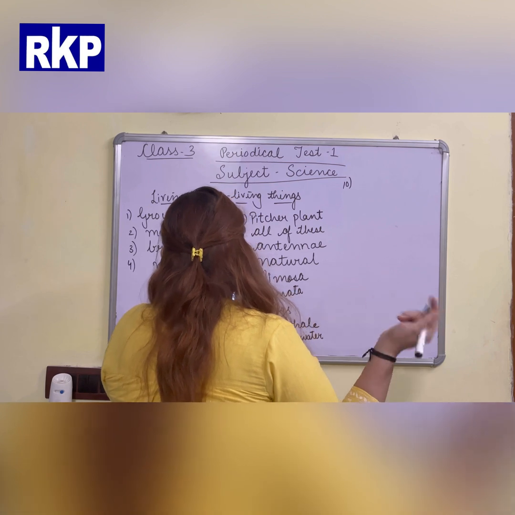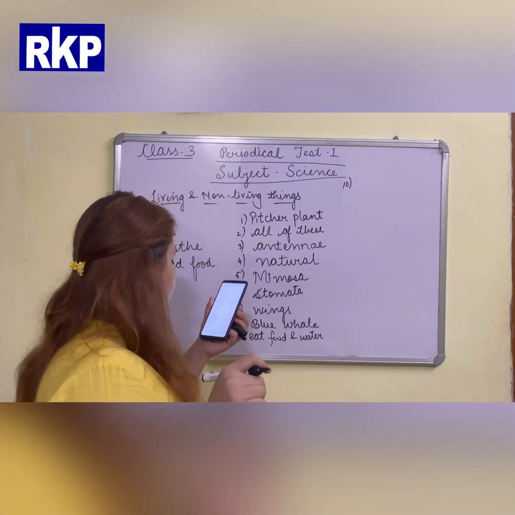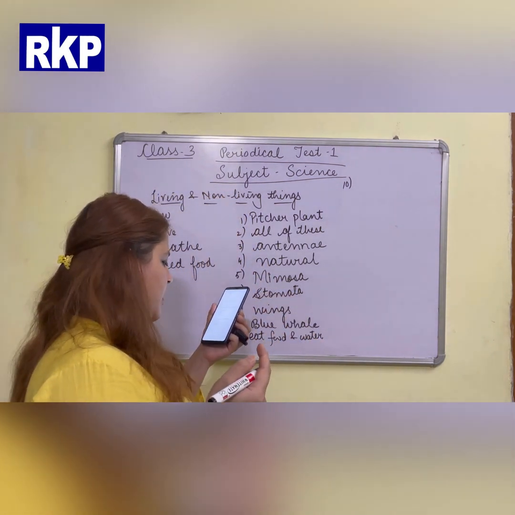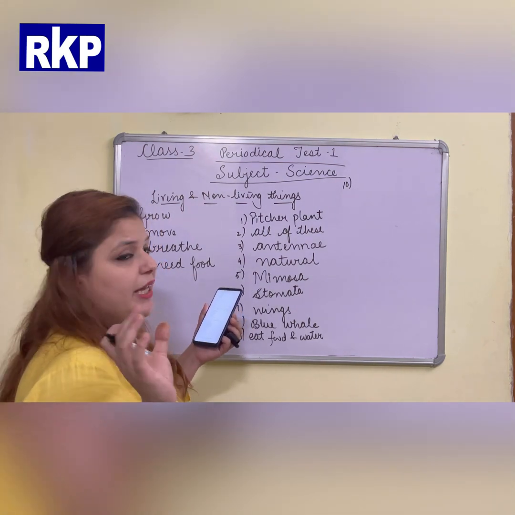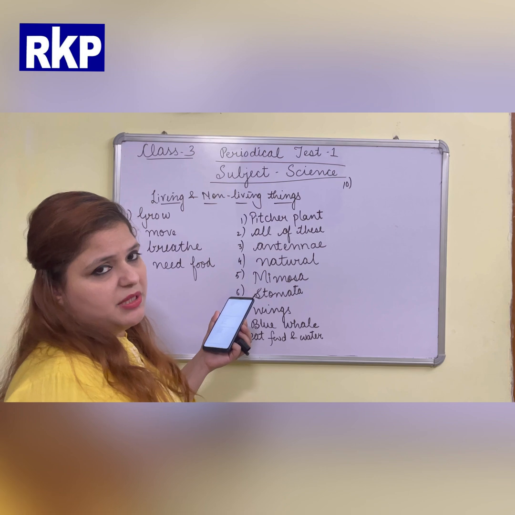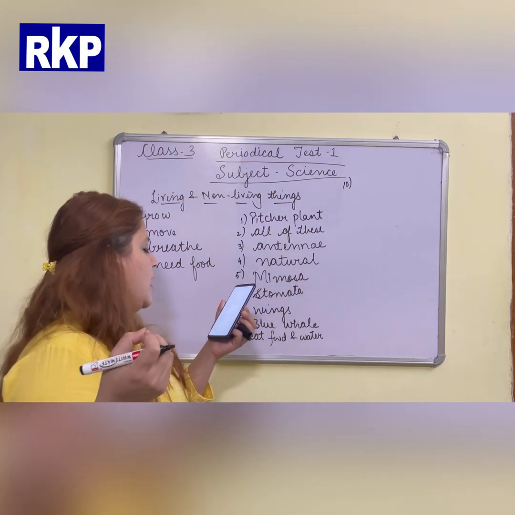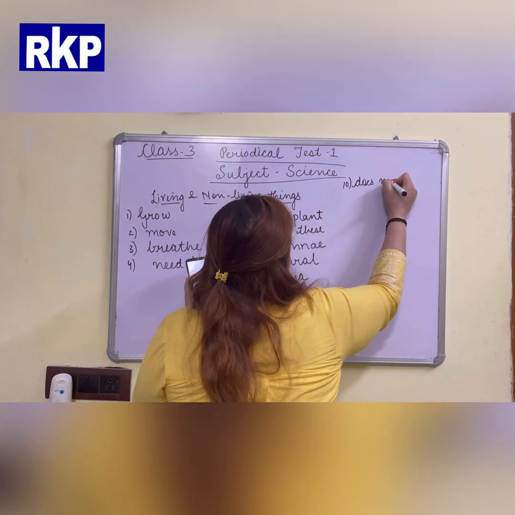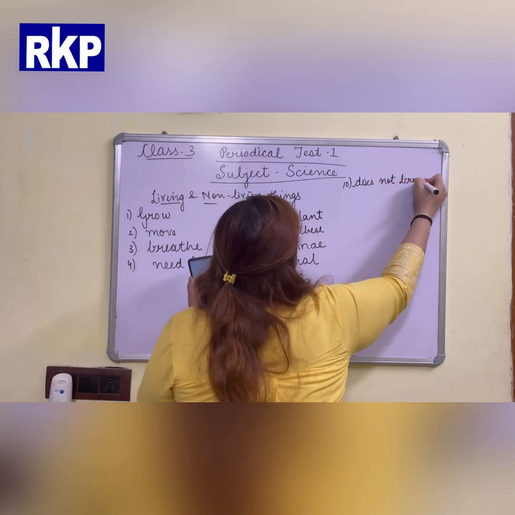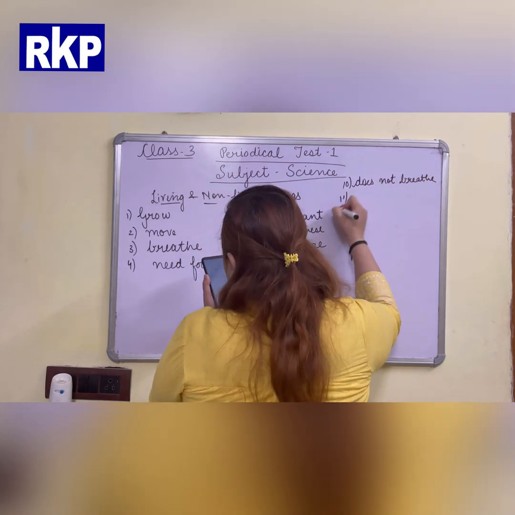First, non-living things eat and drink water. Non-living things do not breathe. Non-living things grow and develop. And non-living things have a certain lifespan. Lifespan means a certain age. So the correct answer is non-living things do not breathe.